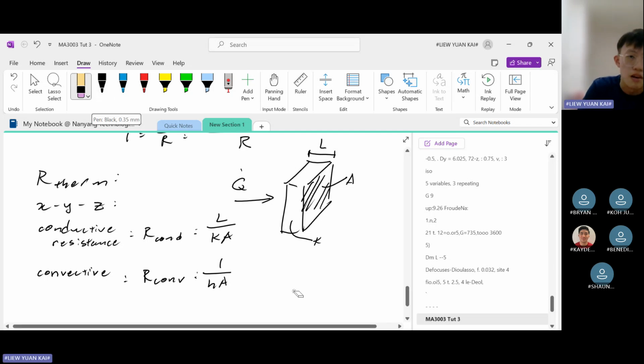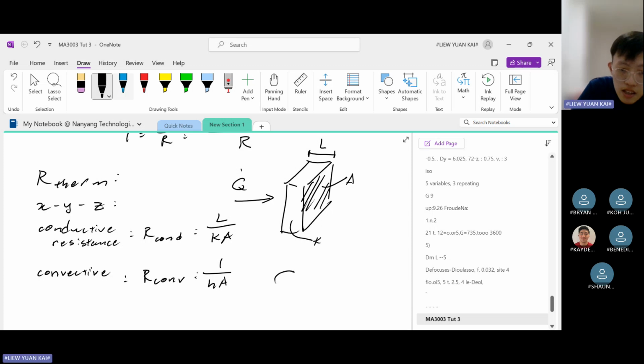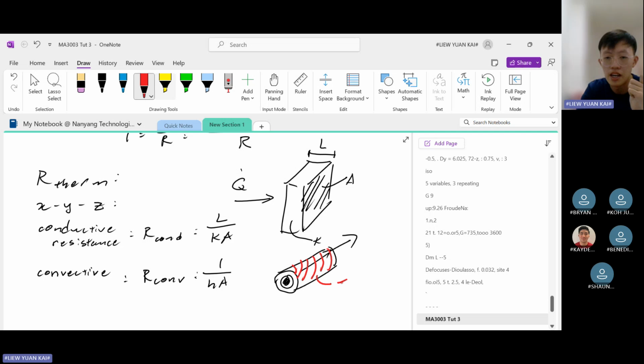Okay, but let's say what about a pipe? Okay, so this is a pipe, and it's a hollowed out pipe. So let's say there's hot steam inside this pipe, and then heat flows out through this surface, right? It flows out through this curved surface area of the pipe. So let me just shade it. I'm referring to this area, and you must be able to calculate this area, which is given by the formula pi d L. Okay, d is the diameter of the pipe.